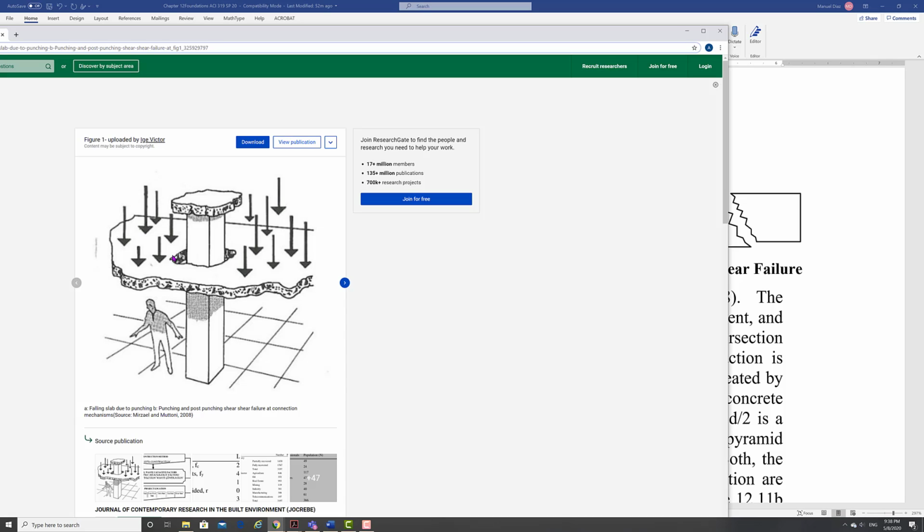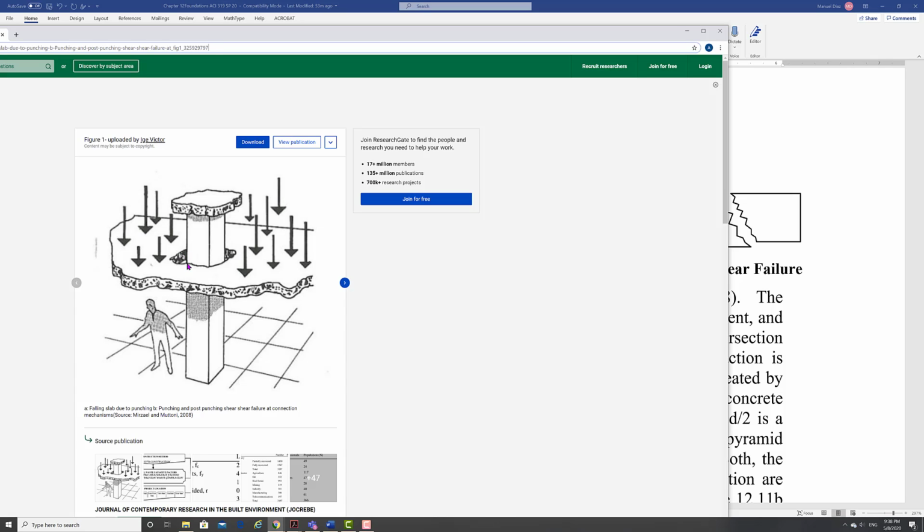So that means the perimeter is this, multiplied by the d value, gives you the area. So your total shear area is the perimeter multiplied by d. The perimeter is what we call b naught. And d, of course, is what you already know d is.